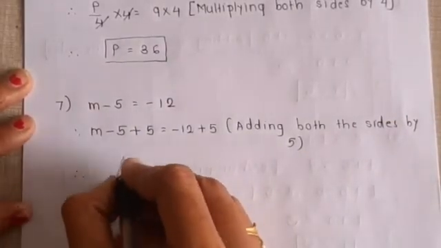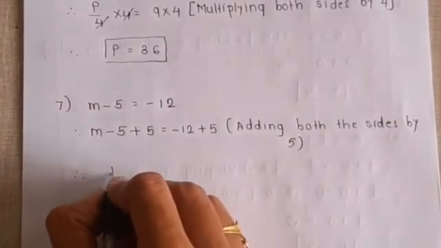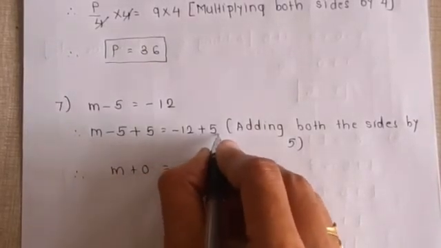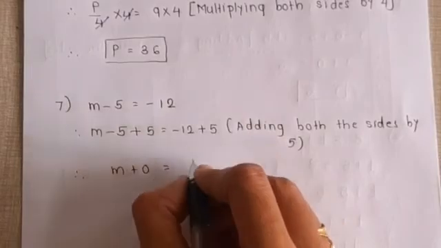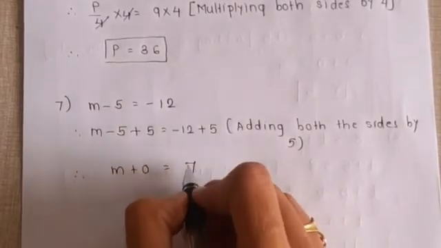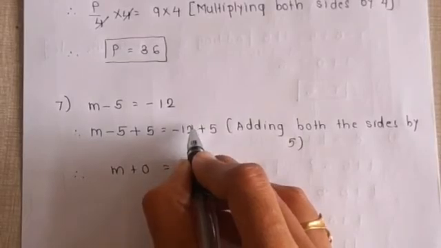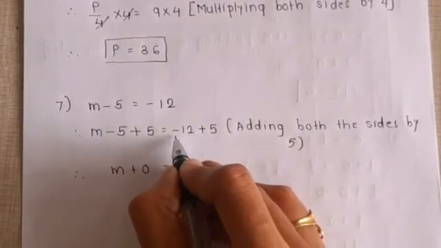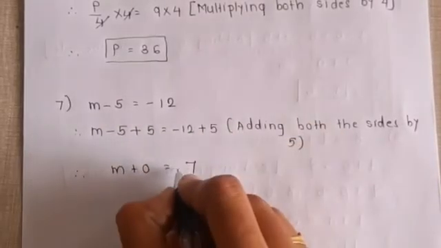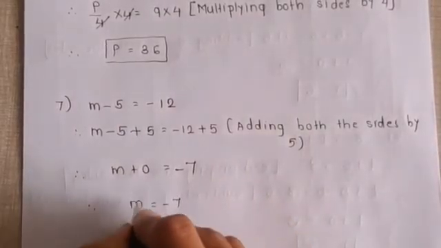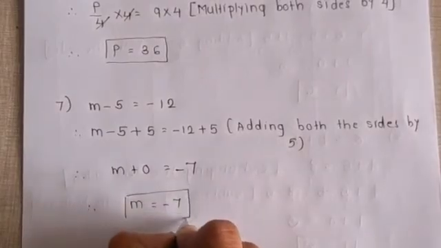Therefore, minus 5 plus 5, 0. m plus 0 is equal to minus 12 plus 5. Now here we will subtract, 7. And which sign you will put? The greater number's sign. Here 12 is greater, so minus 7. Therefore, m is equal to minus 7.